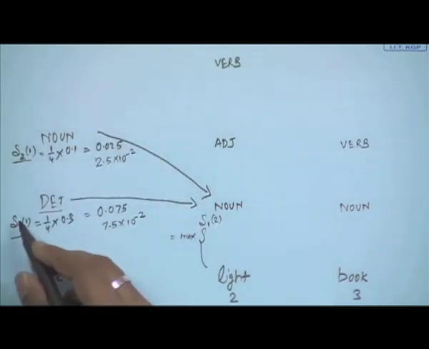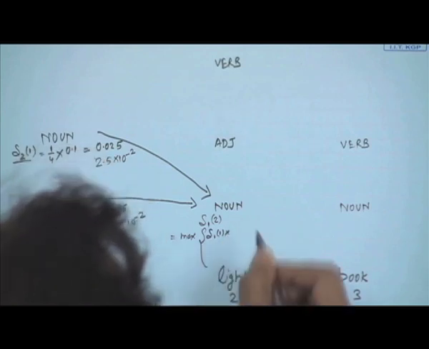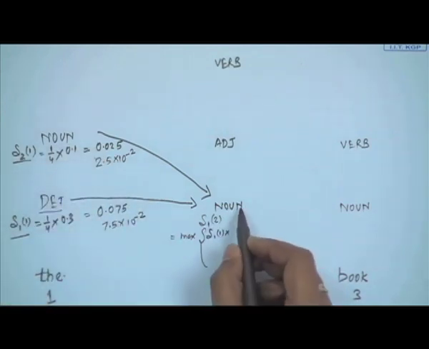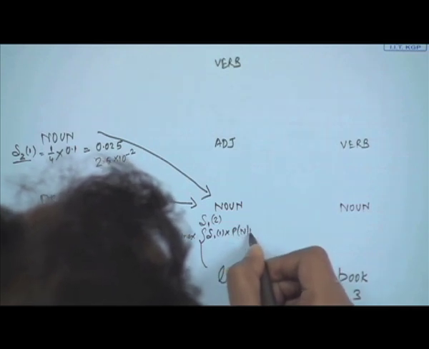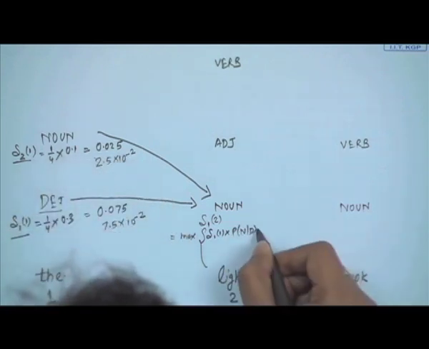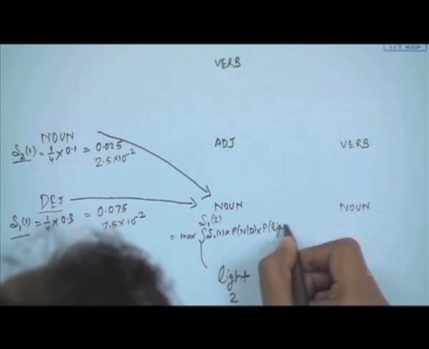So what will be that? So first one will be delta 1 1 times probability of getting noun from determiner times probability of light given noun.